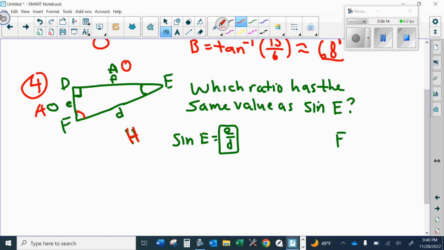In terms of angle F, what answer will give me e over d? The what of F equals e over d. e is the adjacent. Adjacent over hypotenuse is cosine. So the cosine of F equals e over d, and the sine of E equals e over d. So this is my answer, cosine of F. Okay, they will give me the same ratio, e over d in this case.